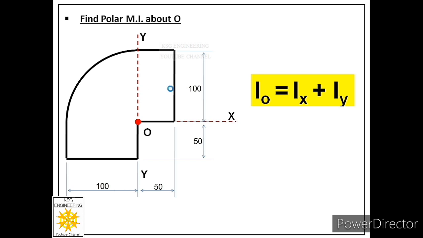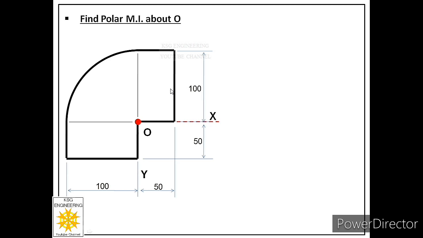Okay, so what is the first step over here? First step is that we have to divide this composite area into regular areas. You can see that we can divide this composite area into three regular areas: one rectangular area, second rectangular area, and third a quarter circle.